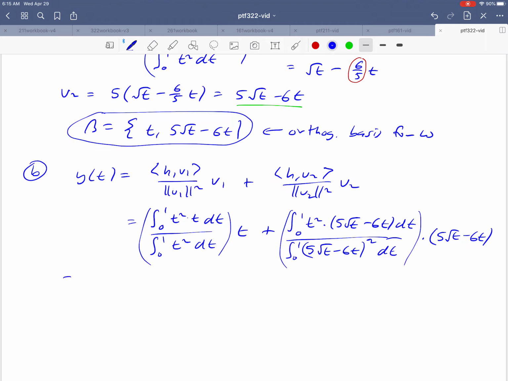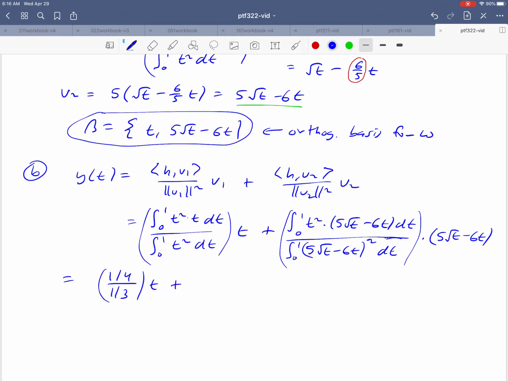Okay, and again, these integrals, I'm sure you could do them by hand, but that would be pretty tedious. So strongly encourage you to use technology. And if you do that, you're going to get for this first term 1/4 for the integral in the numerator and a 1/3 down below. That's multiplied by t.